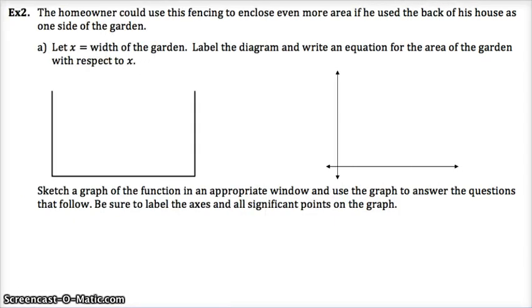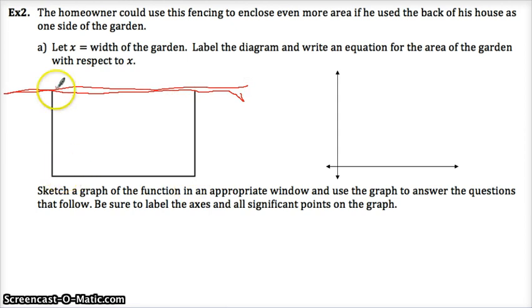That was the maximum. He could use the fence to get more area if he used the back of the house. This is a common way to do this. This is an example of one of the ways they manipulate this problem. Use the back of the house as one wall of the garden, or one side. So there's this back side of the house here. So this is up against the house, and so this doesn't count.